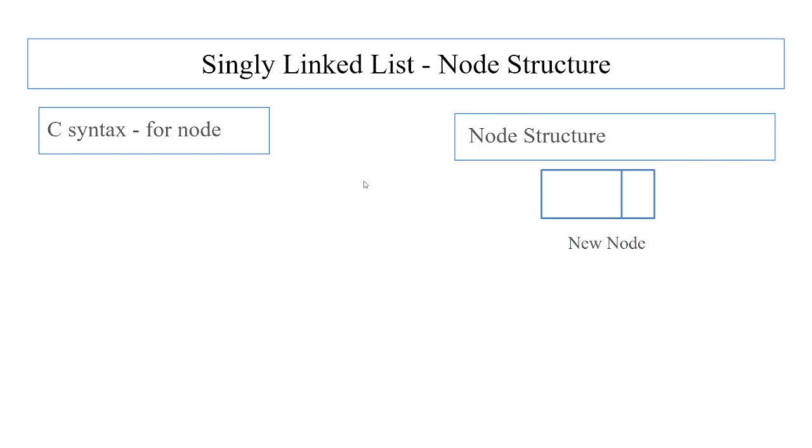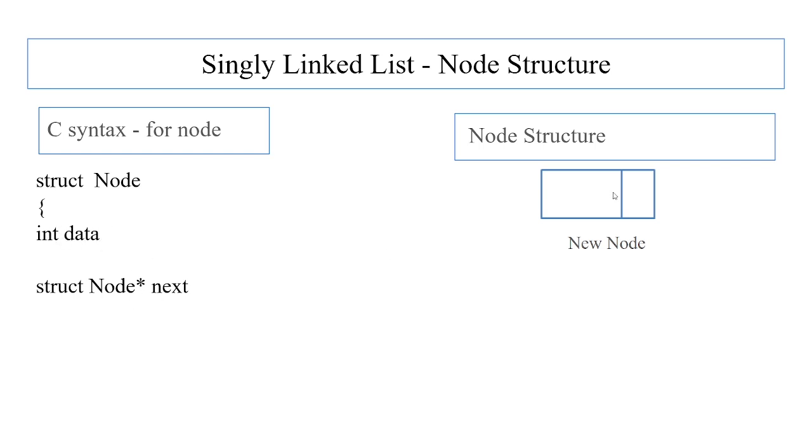First we will create a structure named node, and then we create two members. One member is called data. Since we are considering storing integer type of data, we will declare this data type as integer.